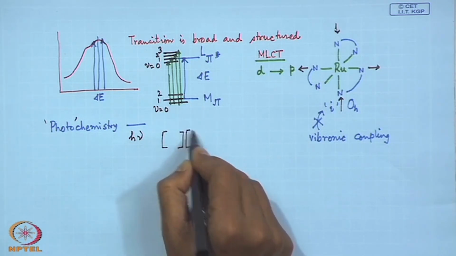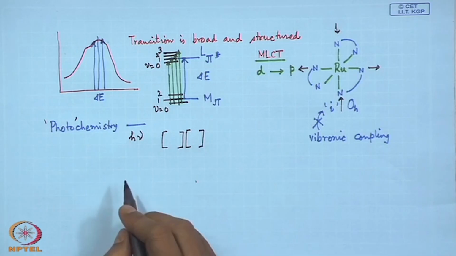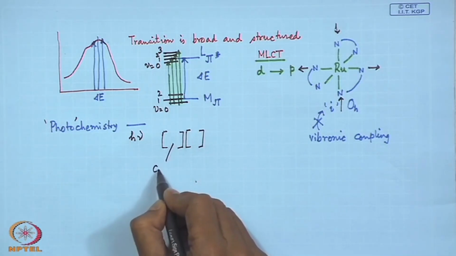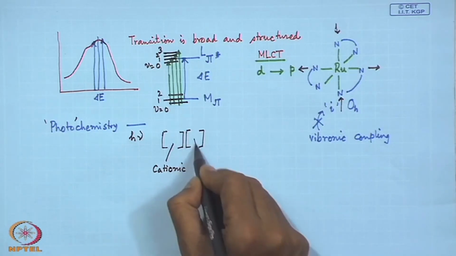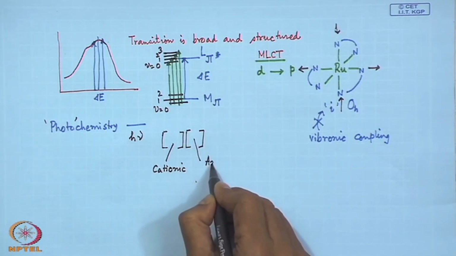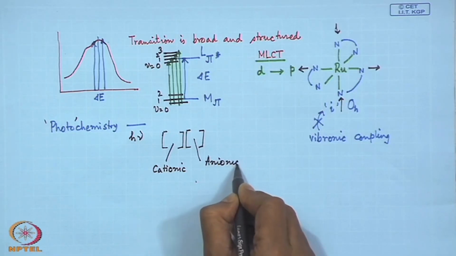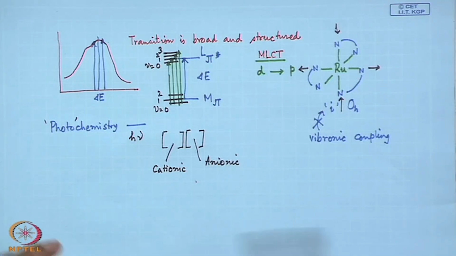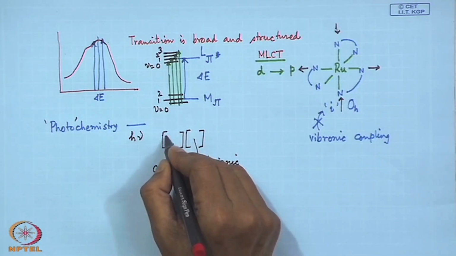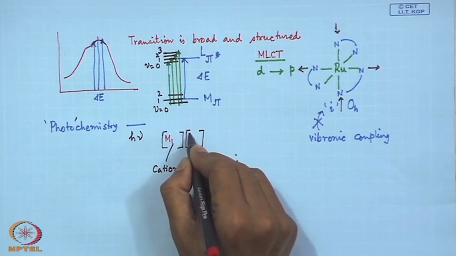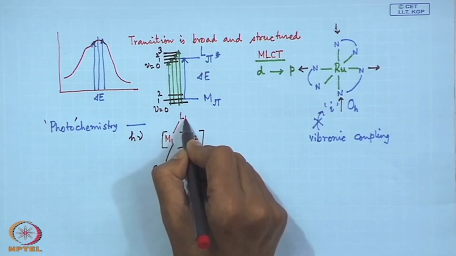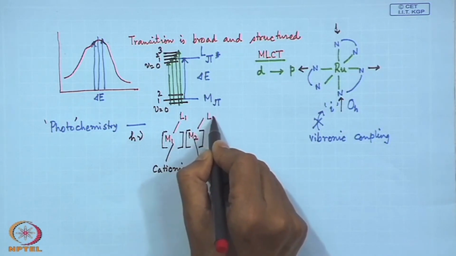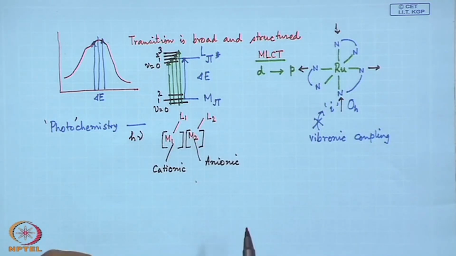And if we have species of two parts, that means the cationic part and the anionic part. So, this is the cationic part and this is the anionic one, and we can have different species. That means, if here we have M1 species and here we can have M2 species with certain ligands, that means L1 type of ligand, and here also we can have L2 type of ligand.